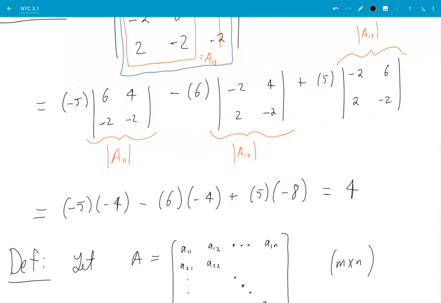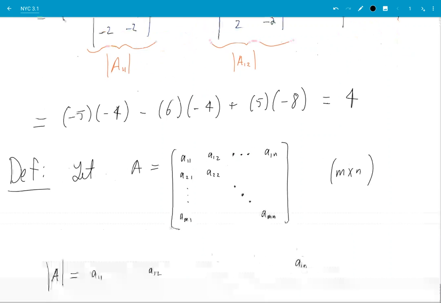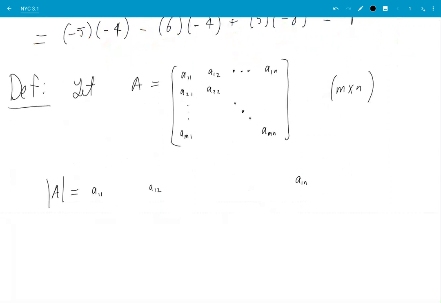Here was A11, and then we had a determinant sitting there, and we also had a plus or a minus in front. What we're going to do is take this determinant and this plus or minus, and combine it into a single factor, which we will call C, well, C11. And we're actually going to go with pluses all the way.